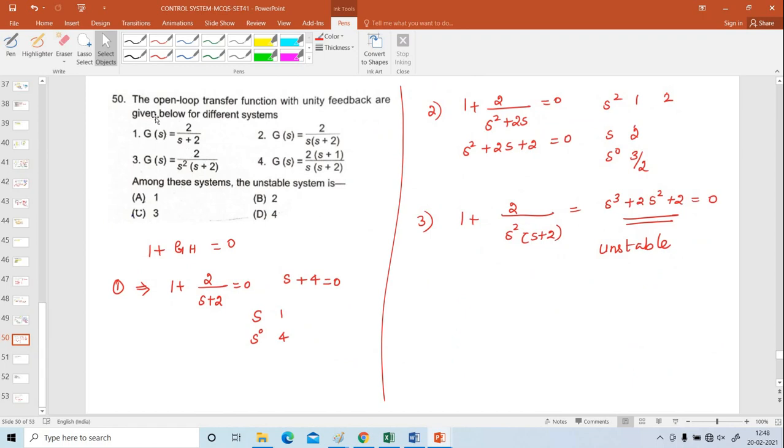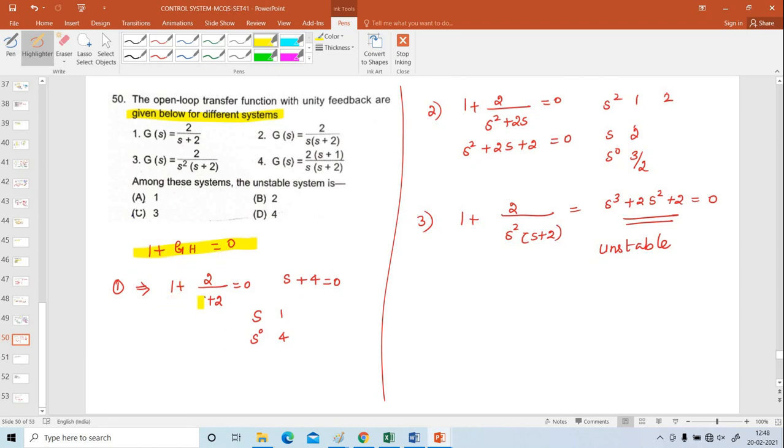Next problem. The open loop transfer functions with unity feedback are given below for different systems. The first system G of s is equal to 2 by s plus 2. Here we have to apply the Routh stability criterion. First of all, form the characteristic equation 1 plus G H equal to 0.